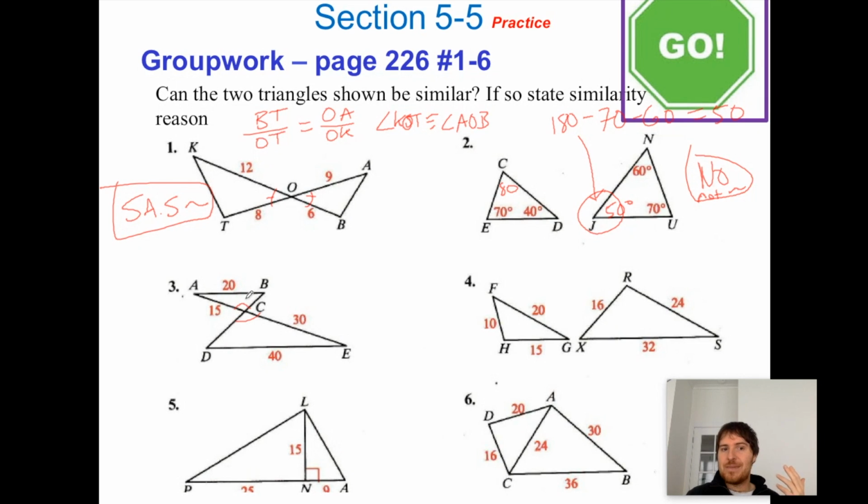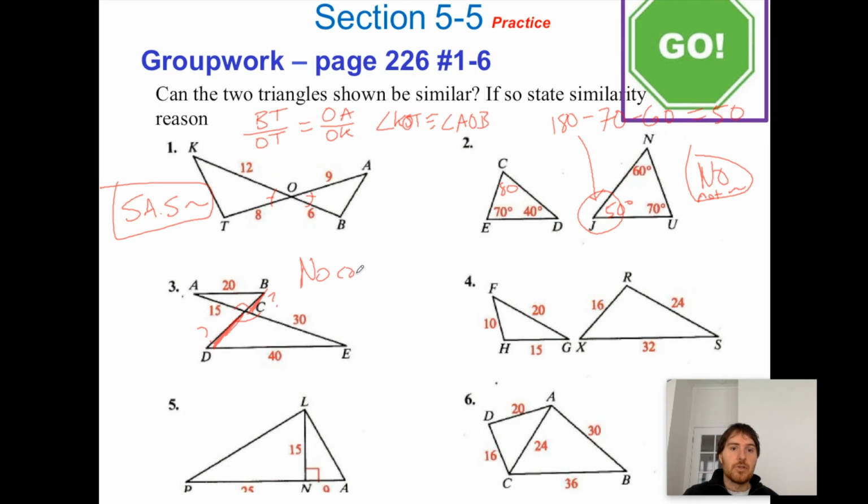But AB doesn't include angle ACB, and DE doesn't include angle DCE, because you're either including that angle or you're opposite that angle. So DE is opposite this angle. CD and BC include angle BCA and angle DCE, but we don't know what ratio they're in. So we can't conclude here.